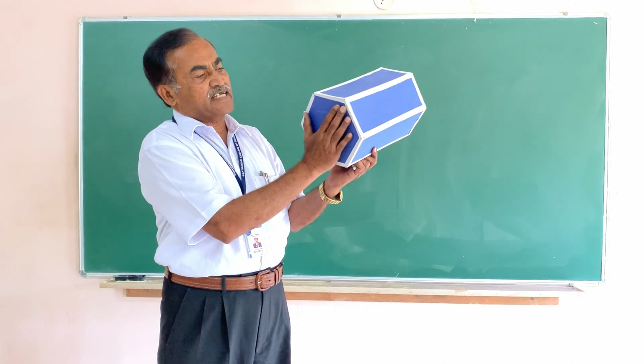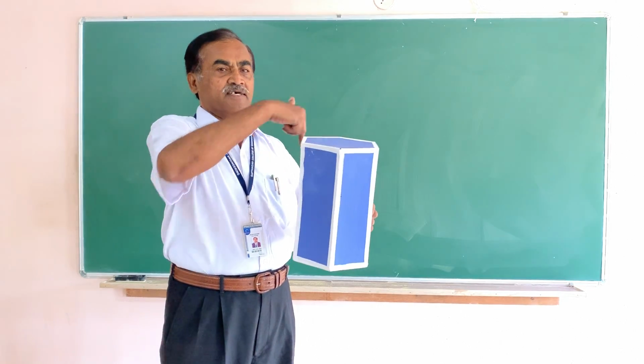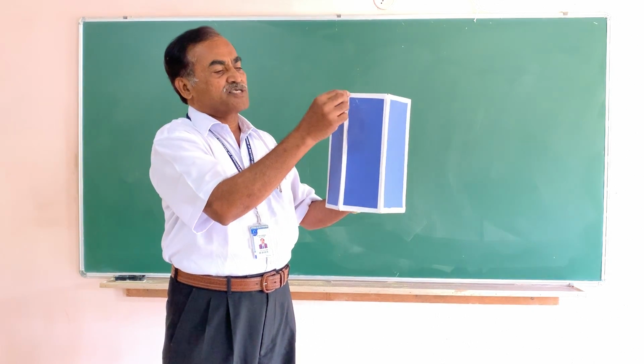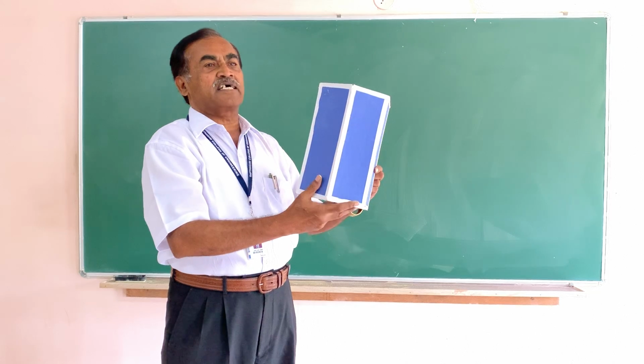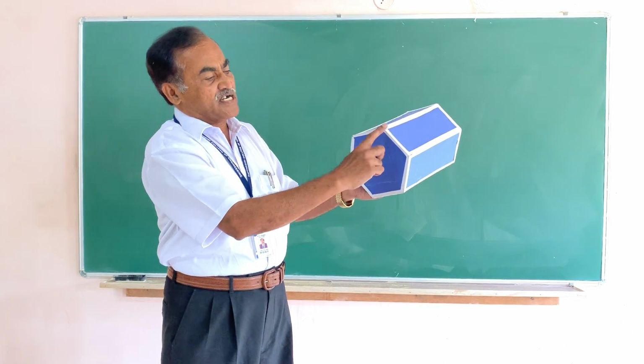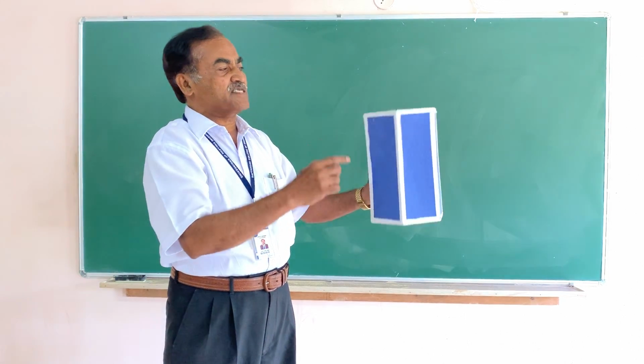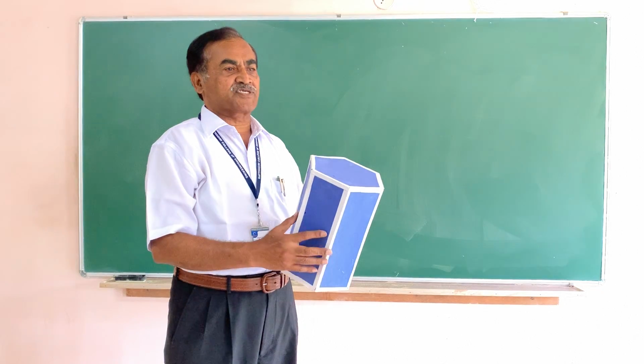So for a hexagonal prism, we will have 6 such rectangles on the lateral surface. Similarly, you will have 6 vertical edges called longer edges and a similar number of shorter edges: 6 shorter edges for the bottom face and 6 for the top face.